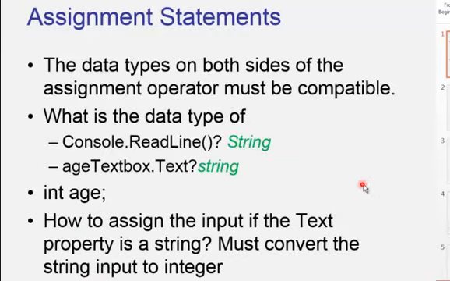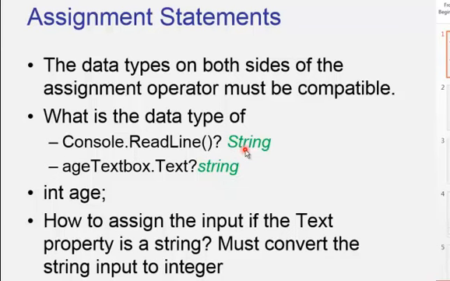So as we're getting input, we've got to make sure that the data types on both sides of the assignment operator are compatible. When we get input, normally the input data type will be a string. So if we do a Console.ReadLine, that's a string.